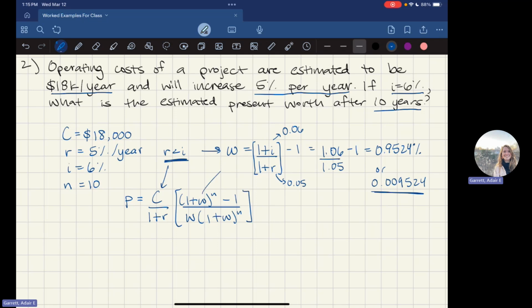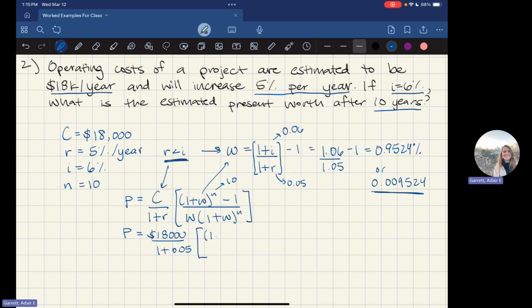And we know this from above, and we also know that n is equal to 10. So let's go ahead and plug everything in. P is equal to 18K over 1 plus R, which is 0.05. And then we're going to multiply it by this large expression.